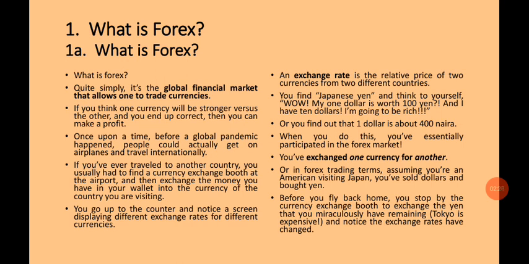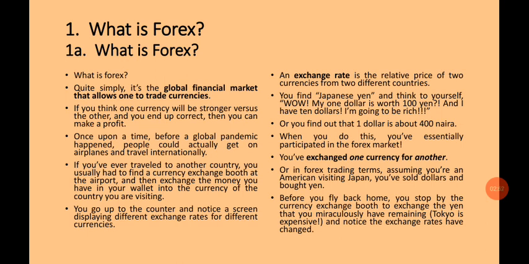An exchange rate is the relative price of 2 currencies from 2 different countries. You find Japanese yen and you think to yourself, wow, my dollar is worth 100 yen and I have $10. I'm going to be rich. Or you find out that $1 is about 400 naira.